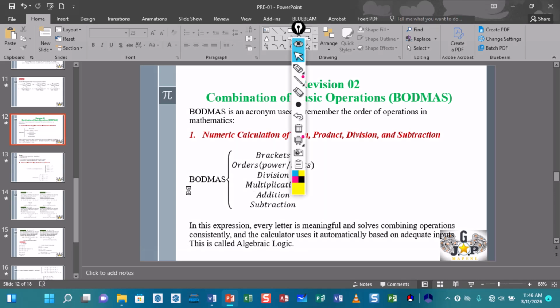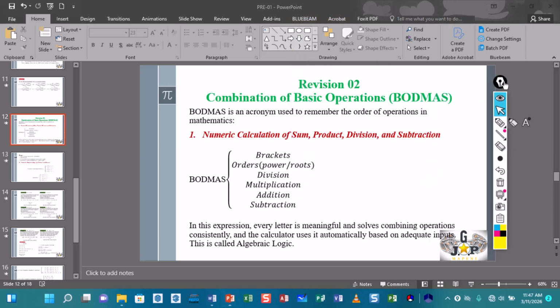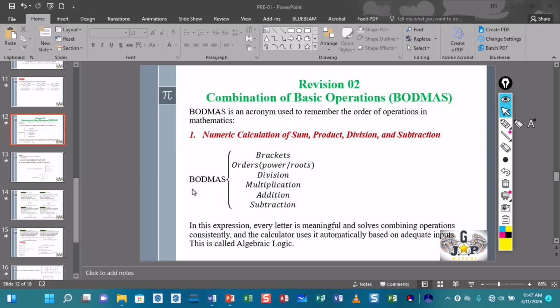So sometimes you see that in certain parts of our world, instead of writing it as BODMAS, they say PEDMAS. P stands for parentheses, E stands for exponent, D for division, M for multiplication, A for addition, and S for subtraction.